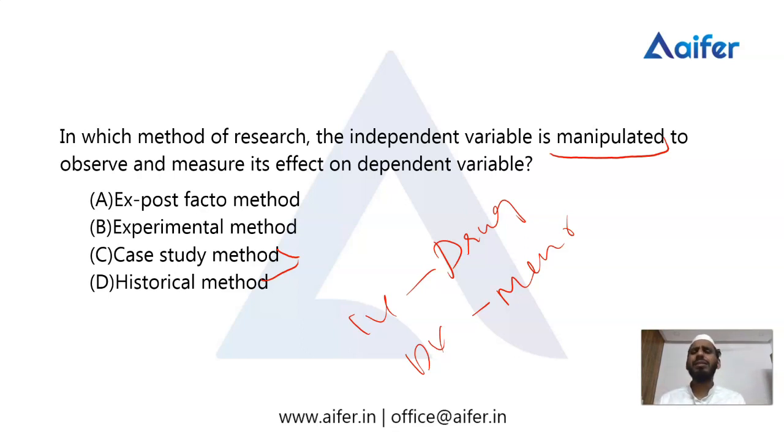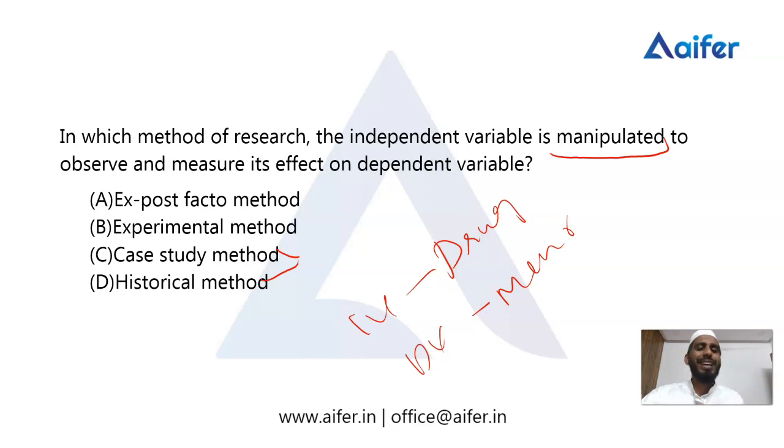That is ex post facto research, which means based on an existing factor, a researcher will choose the participants and compare the difference between these two groups. I hope you understand the difference between the ex post facto method and the experimental method.